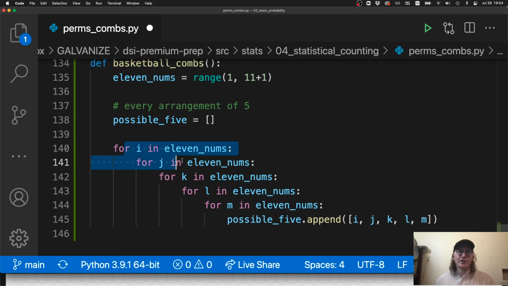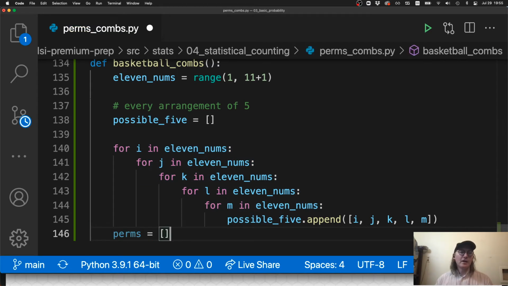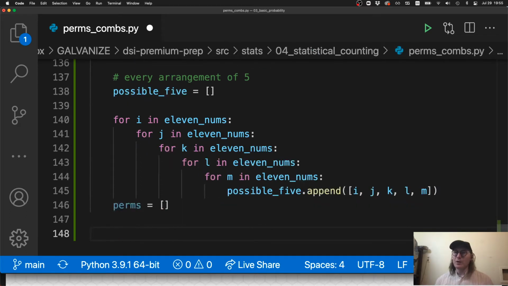I think we trust that they're all there. So the next thing we're going to do is reduce to our permutations. How do we do that? We're going to remove any of these lists that we generated where we have duplicates. Last time when I did this, I used the count method.